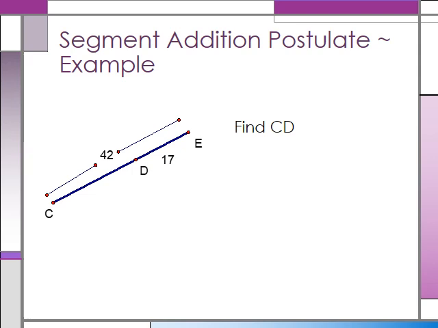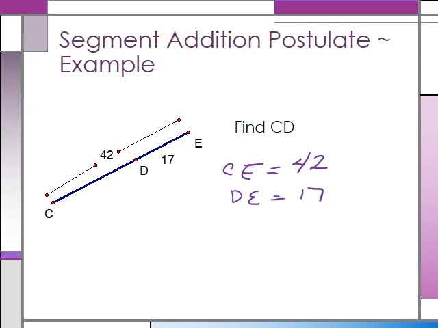So we want to find CD. Remember, we're going to find the distance between C and D. As an example, we know that the distance CE is 42, and we know the distance between D and E is 17.